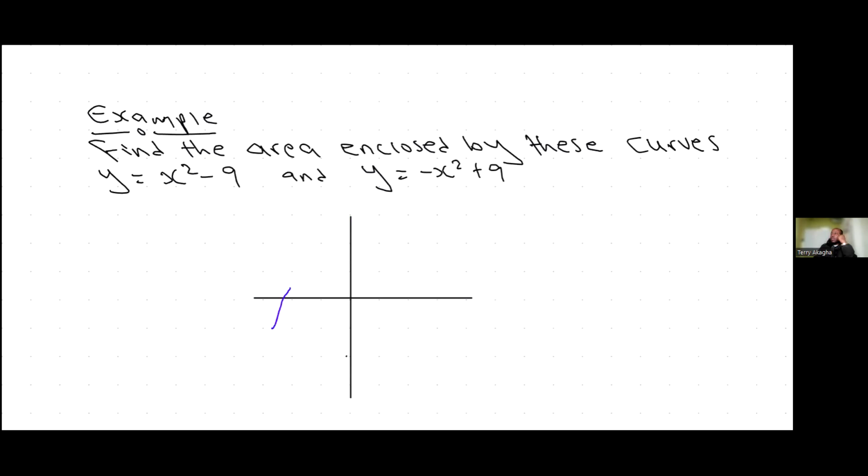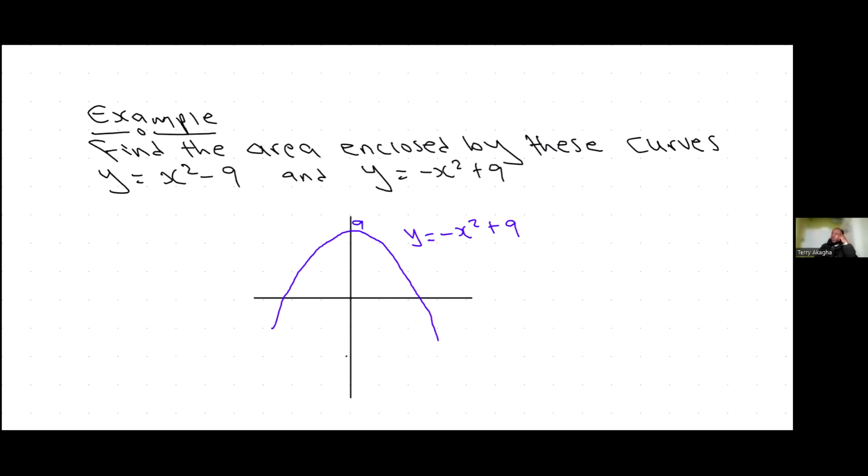So this is going to be this curve, y equals minus x squared plus 9. All right, so it's a translation by 9 units in the y direction.